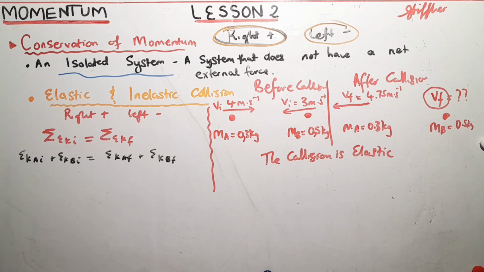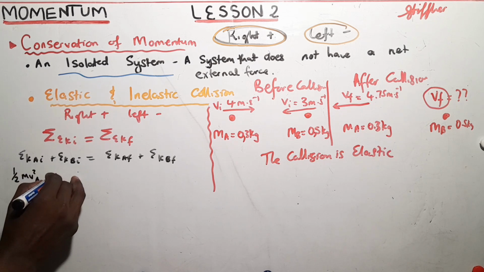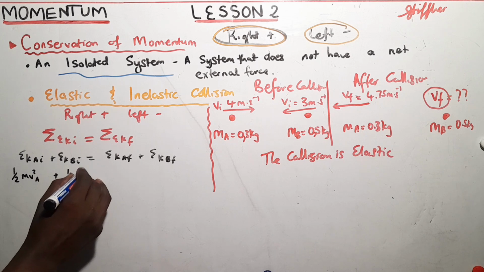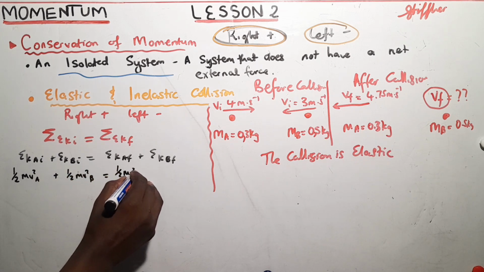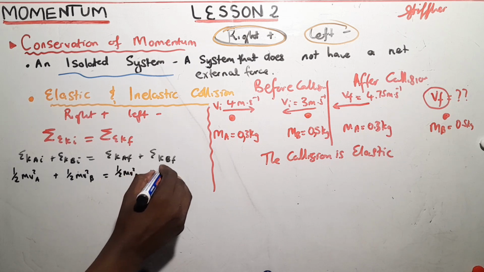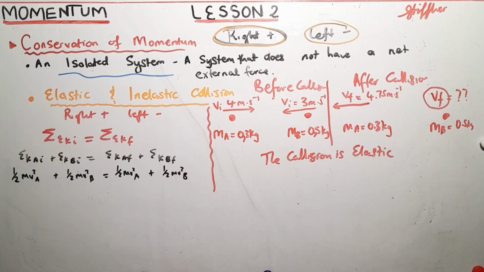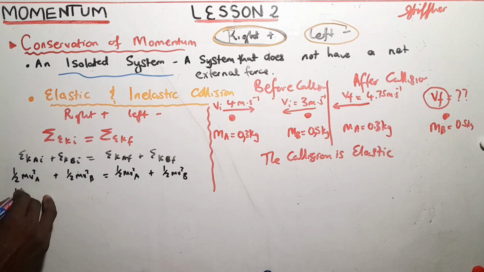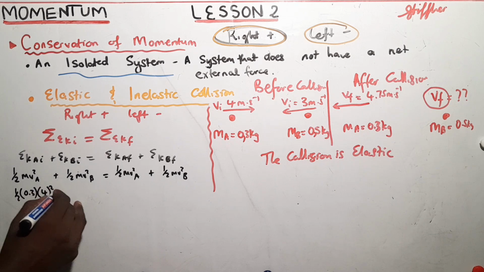So we can expand that. We know that kinetic energy is just half mv squared of body A plus half mv squared of body B, which will be equal to half mv squared of body A plus half mv squared of body B. So this will be half, and the mass of body A is 0.3, and the velocity there is 4 squared, it is moving to the right.